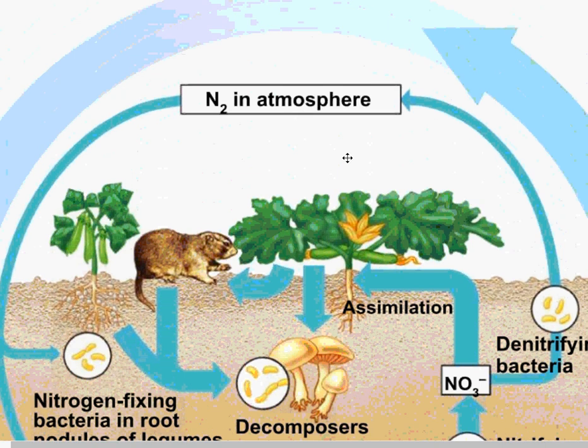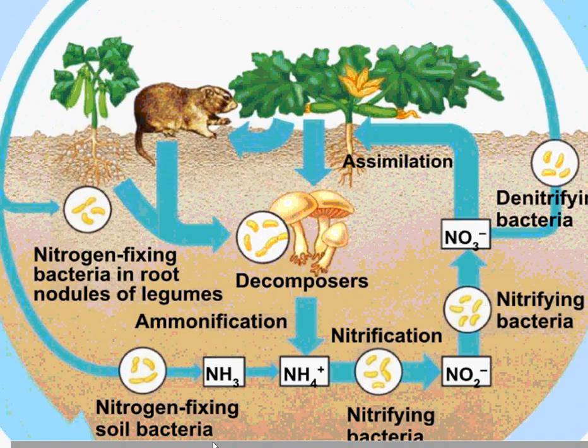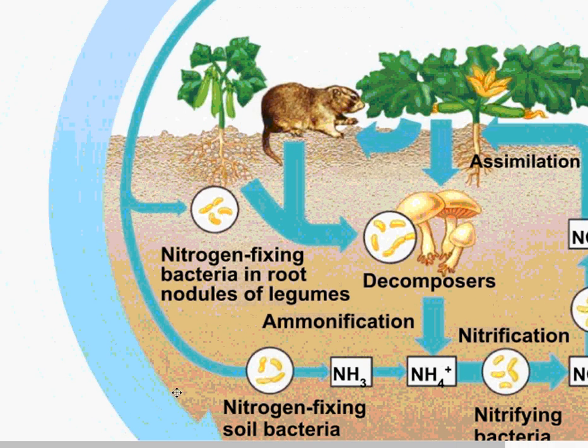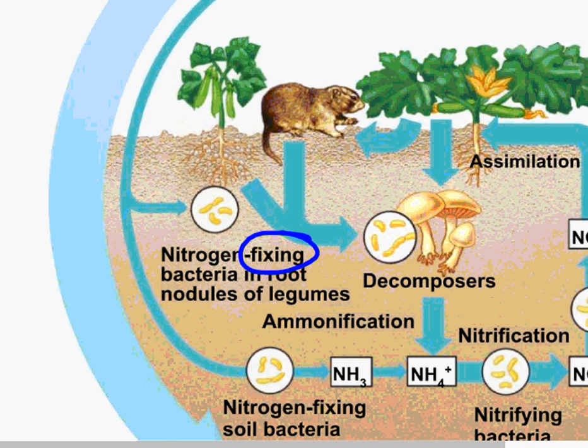And so as it rains, that nitrogen in the atmosphere will seep into the soil. And there are bacteria in the soil that are called nitrogen-fixing bacteria. Anytime you see this idea of fixing or fixation, we'll see it later with carbon fixation, that is taking something that is not usable and making it usable by living things.